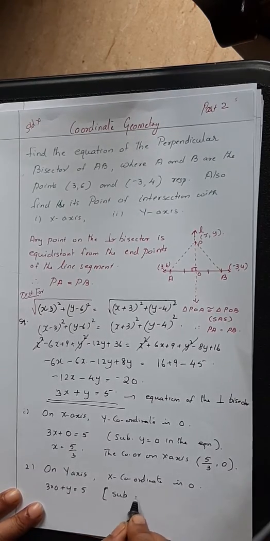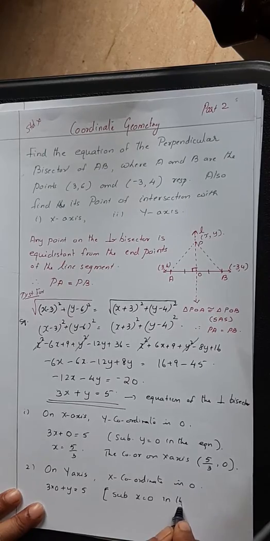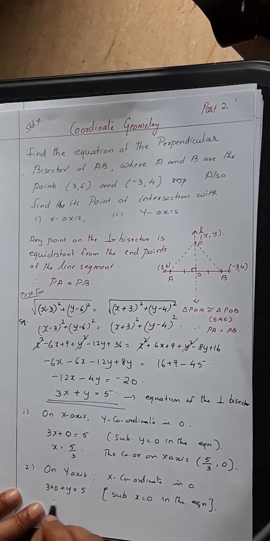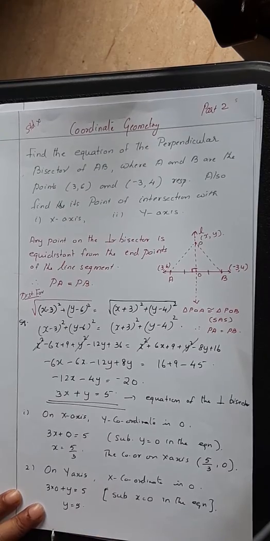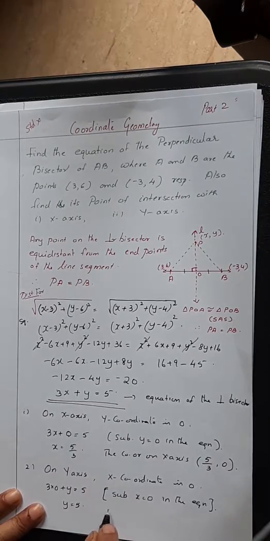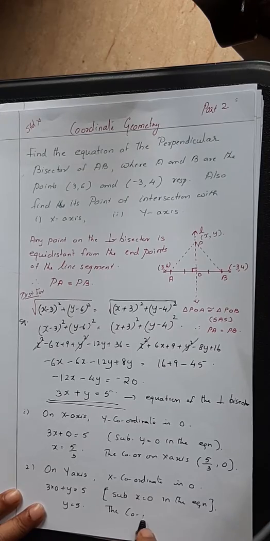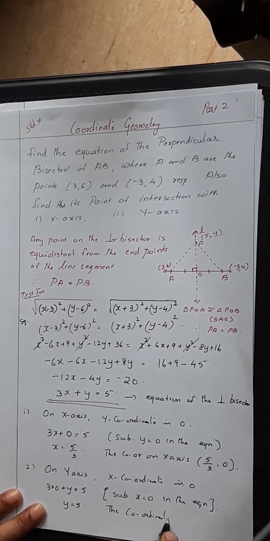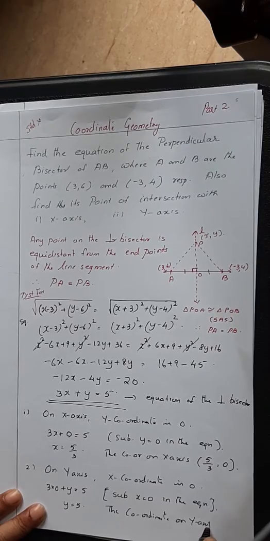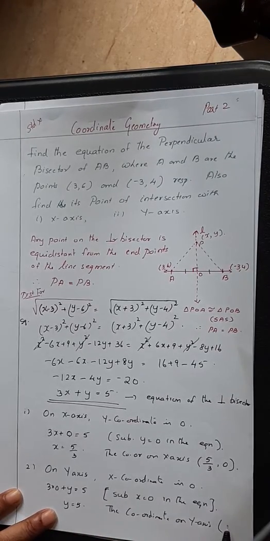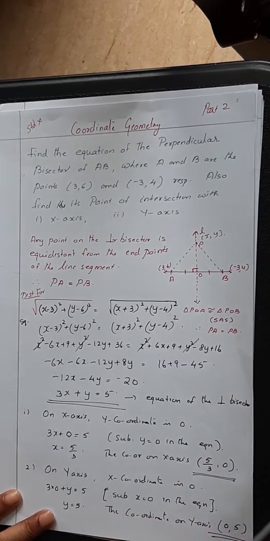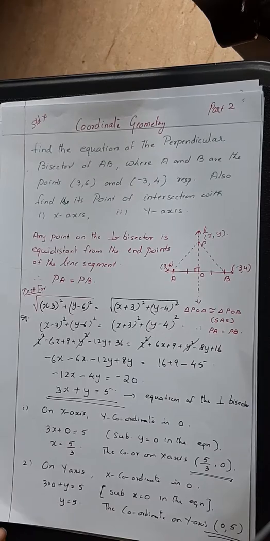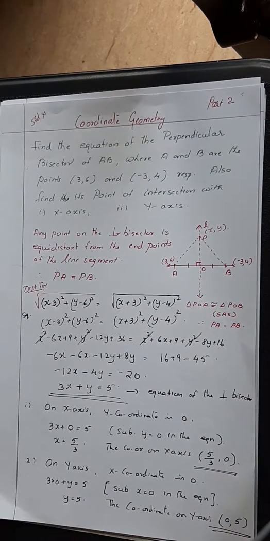So from this you get y equal to 5. So the coordinate on the y-axis is: the x coordinate is 0 and the y coordinate is 5. Hope you are clear with this concept.